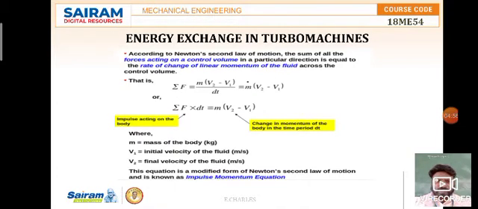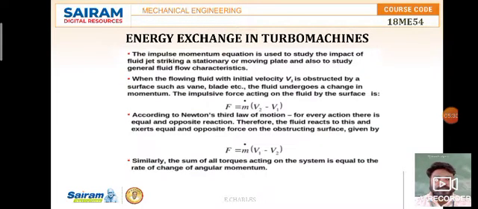We have rearranged it by changing the position of dt, and we got the product on the left hand side, which is the impulse. Since it is known as the impulse force, this equation is called the impulse momentum equation. So sigma F into dt is equal to m into v2 minus v1, the impulse momentum equation.